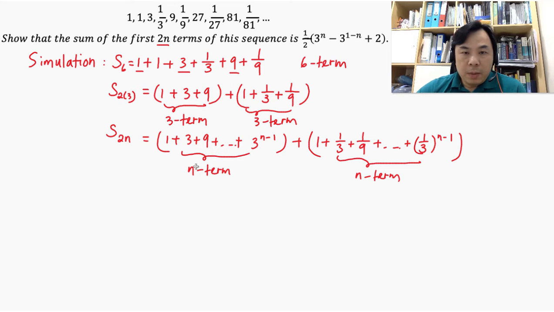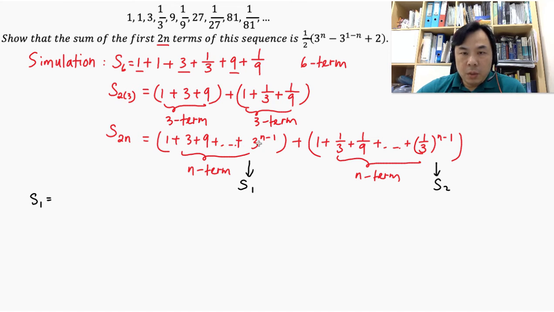I will label this part as my sum number one, and this part as my sum number two. Now I'm going to work out each one of these separately so that you can see how I obtain the final result.